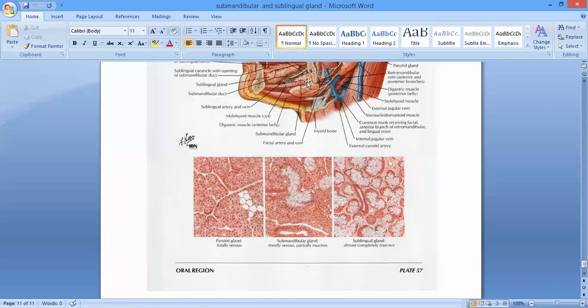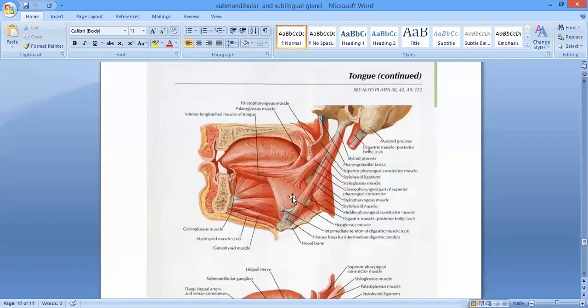So it is lying deep to the mylohyoid muscle. You can say that it is lying between the mylohyoid and the hyoglossus muscle. Here the mylohyoid lies laterally, and here you can see it lying over the hyoglossus. So it is lying superficial to the hyoglossus and deep to the mylohyoid because it is pressed between these two muscles, right?